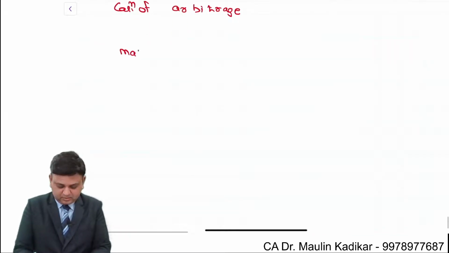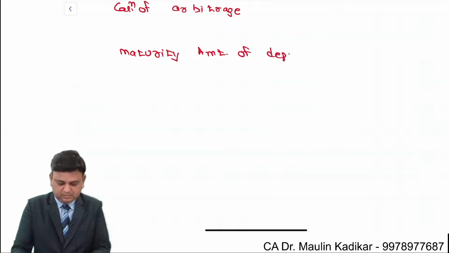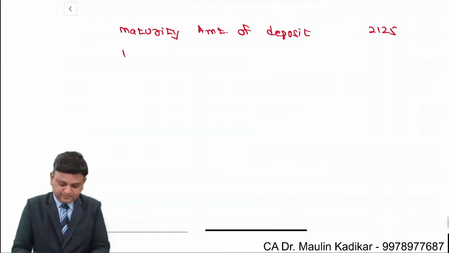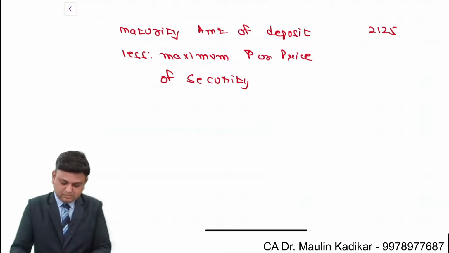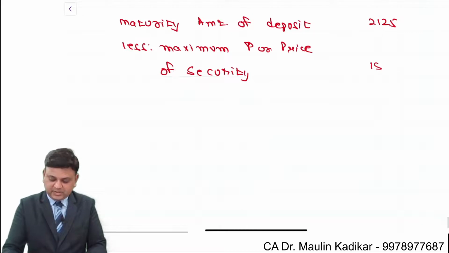In that, maturity amount of deposit 2125 less maximum purchase price of security 1800.